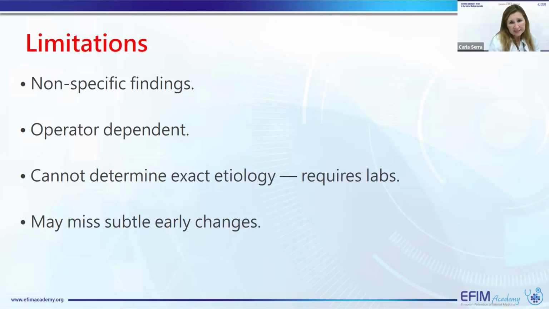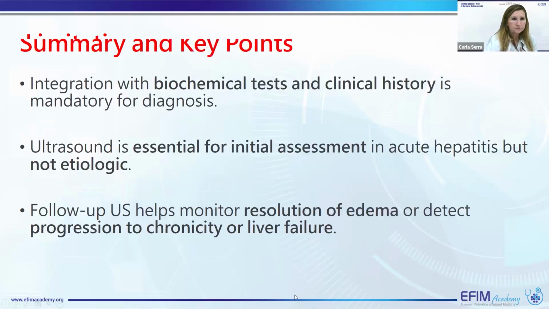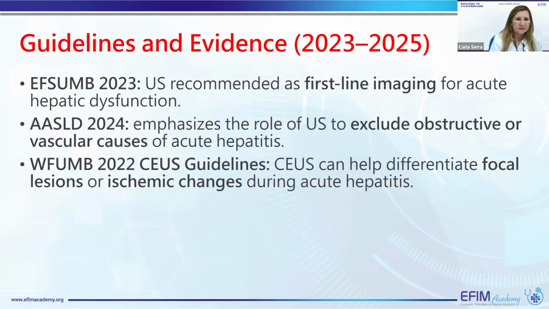The etiology is not in many cases determined by ultrasound, and the important thing is to integrate ultrasound with the biochemical tests, clinical history, and at the end to use ultrasound for the follow-up of the patient.